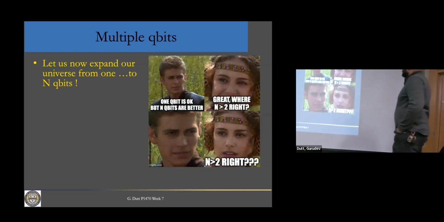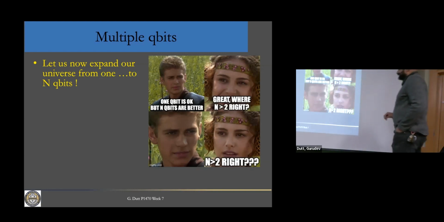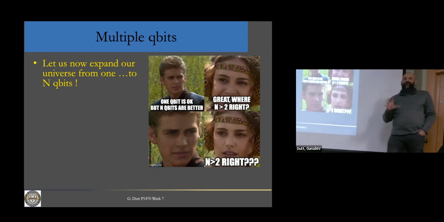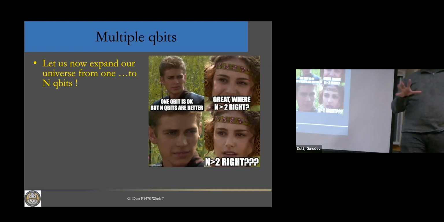And the joke, of course, over here is that ideally, in physics, typically we talk about things, we go from 1 to n and we generalize, like n equal to infinity in thermodynamics or something like that. But in quantum mechanics, 2-body problems is probably all we can do on paper or by hand.